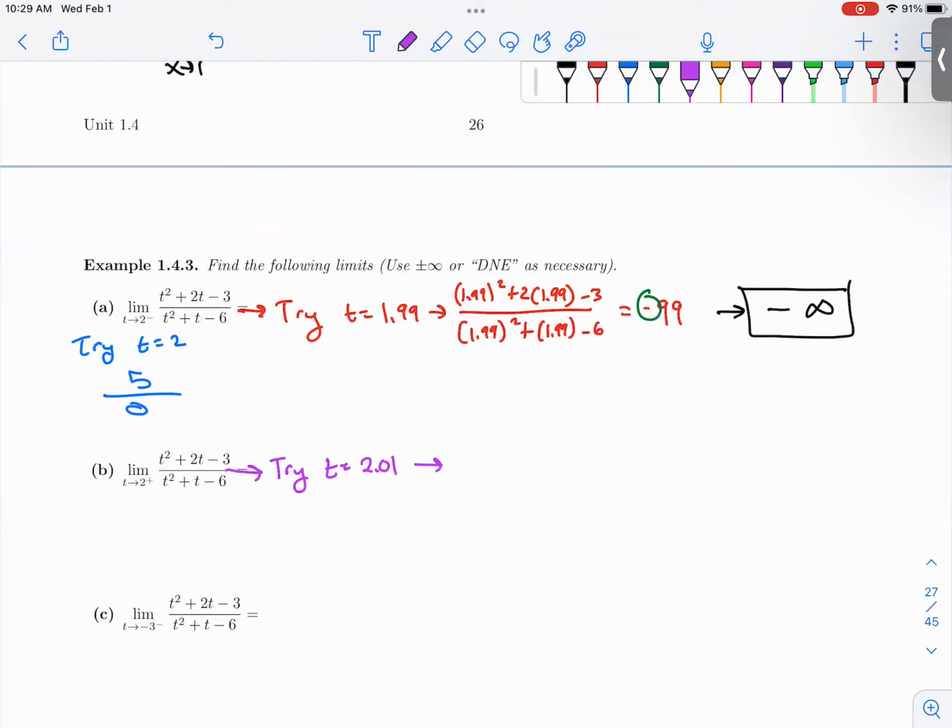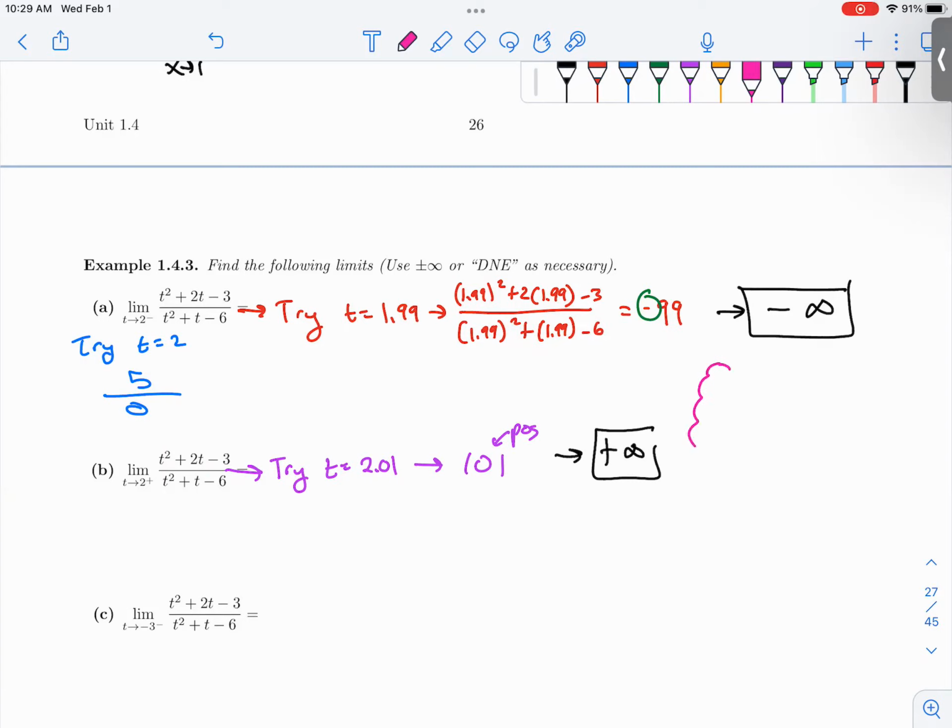Delete, 2.01. 2.01 squared, and then you should get 101. Is that what you guys get? Yes. So we get 101, which is positive. So this limit will equal positive infinity.